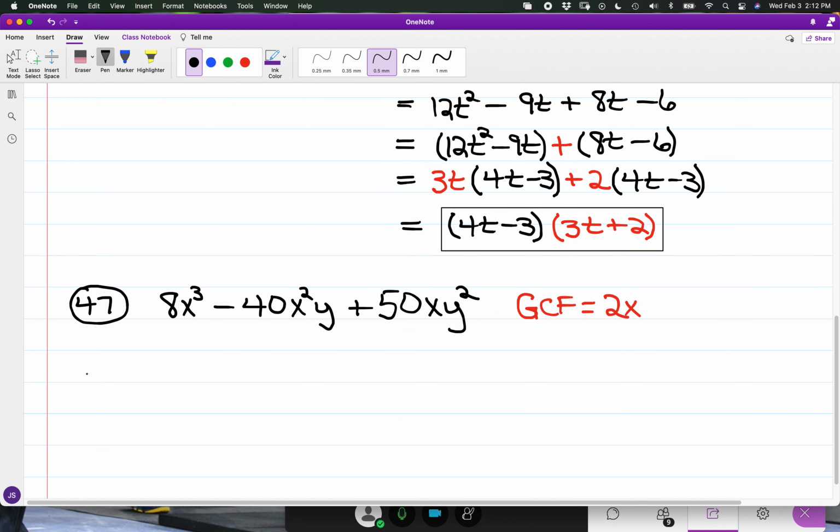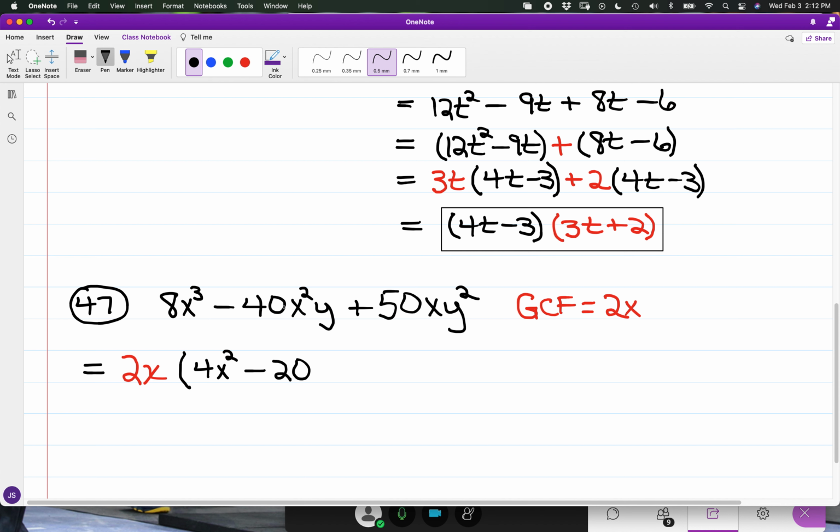And so in starting off with factoring, we have 2x and into our original trinomial, we have 4x squared and 2x into negative 40x squared y. So 2 into negative 40 is negative 20.